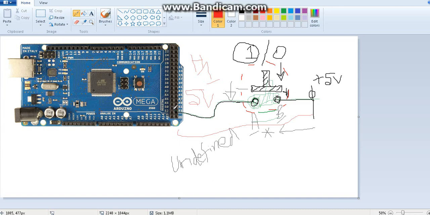That's totally fine. But before you are pressing this button, what was the state of the pin? It's undefined, right? So what did I tell you? When we are giving a digital input, because we are giving 5 voltage whenever we press the button, even before we give an input, we cannot keep the pin in undefined state.